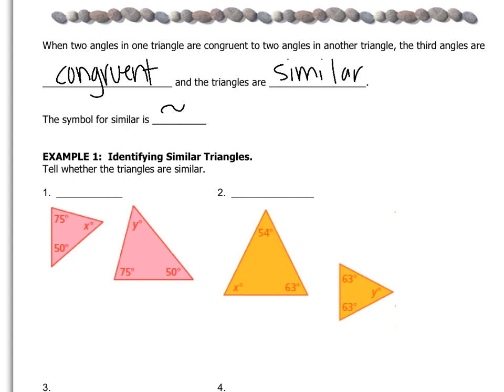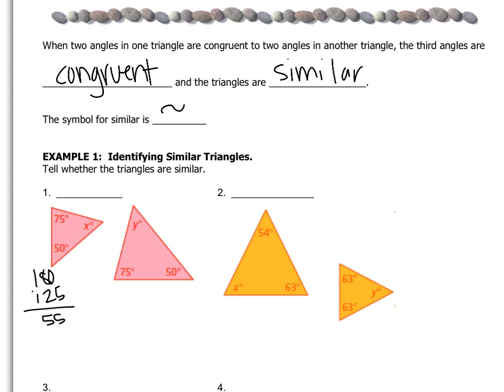So let's use that rule to figure out if these triangles are similar. So we've got a 75, a 50, and an X, and we've got a 75, a 50, and a Y. Well, if they both have 75 and 50, and the total number of degrees in a triangle must be 180, then X and Y have to be the same, but you can calculate it to figure it out, so you get your calculator. 75 plus 50 is 125, so 180 minus 125 is 55.